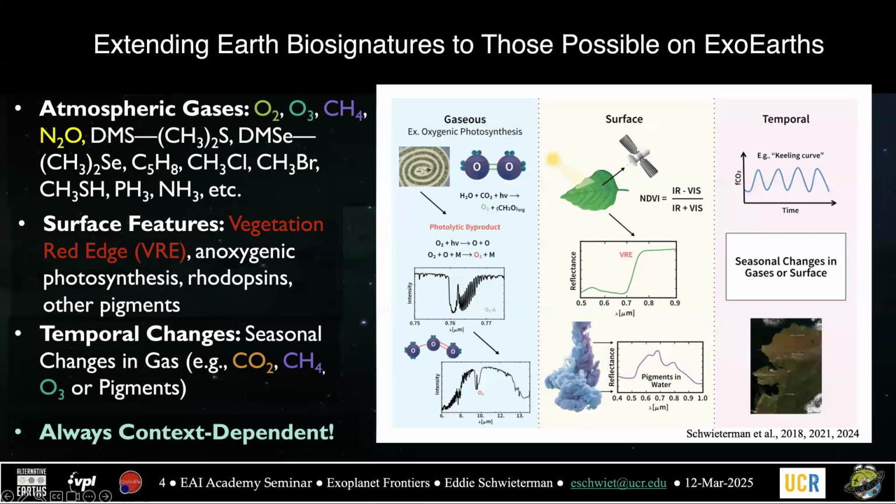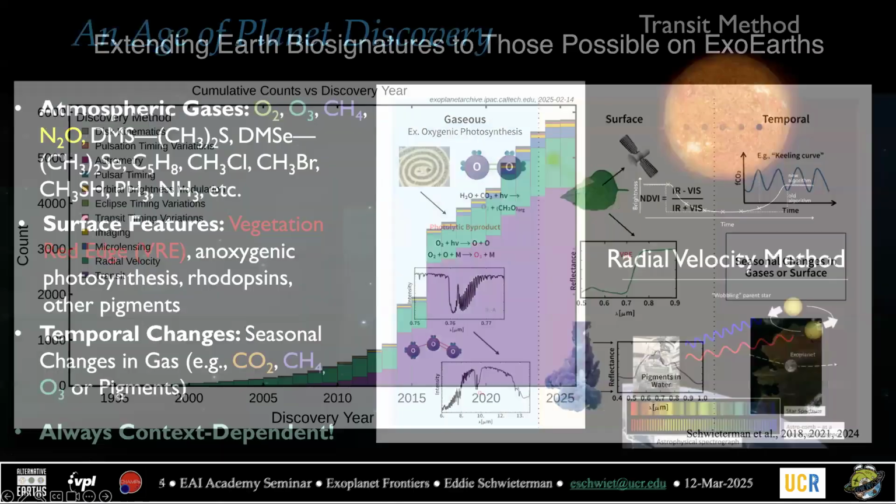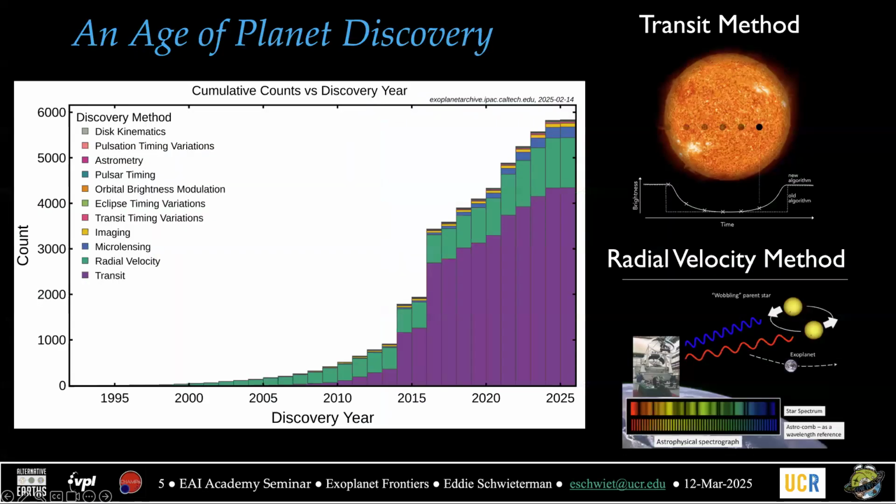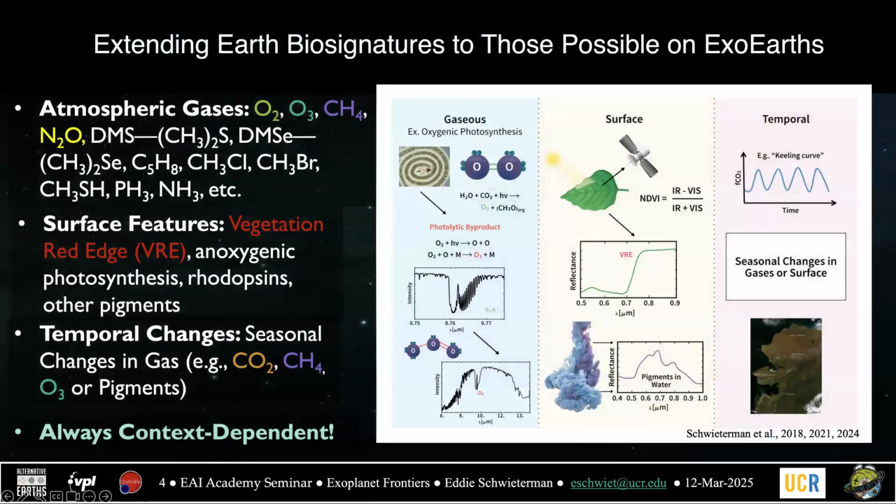There are also surface features like the so-called vegetation red edge. This is the strong contrast, apologies, between the chlorophyll visible absorption and visible light and strong reflectivity in the near infrared that's present in photosynthetic organisms. This is used to map vegetation on Earth today, and in principle, if globally distributed, could be a biosignature on exoplanets.